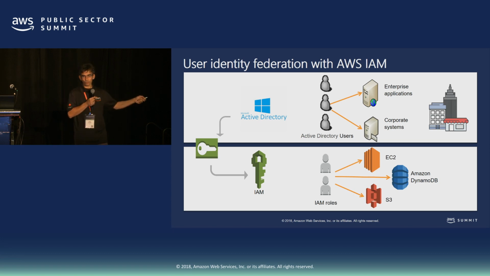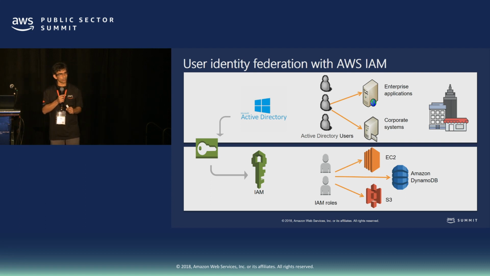From my roles, I can grant access to EC2, DynamoDB, S3, or whatever services your user requires. And the beauty of using AD with an AWS account is that if a user leaves your company for any reason, you don't have to terminate an account on the AWS side. The life cycle policy for a user stays in Active Directory.